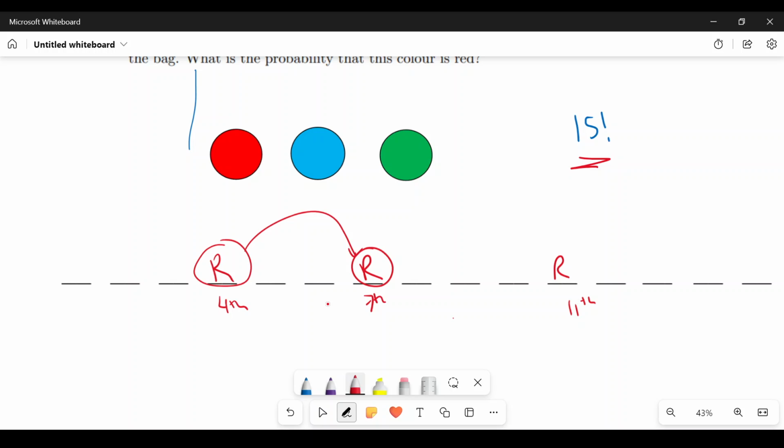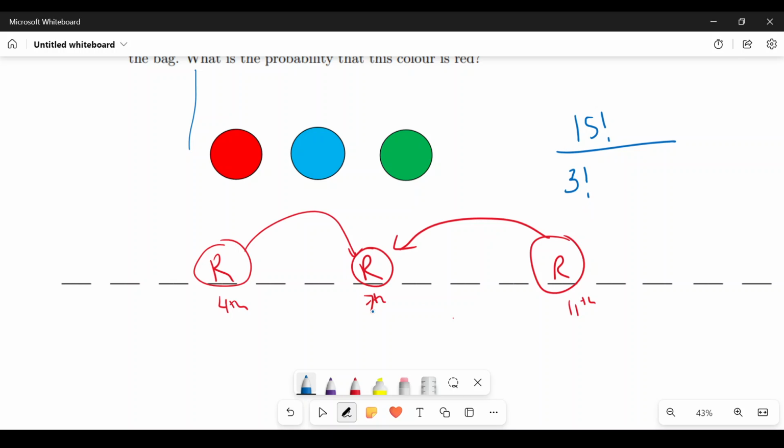So what we need to do is adjust our number for the fact that there are 3 red marbles. Anytime I could leave everything else alone and just pick up the 3 red marbles and mix them around, I don't want to count that. So I don't want to overcount. So what I have to do is adjust by dividing by 3 factorial.